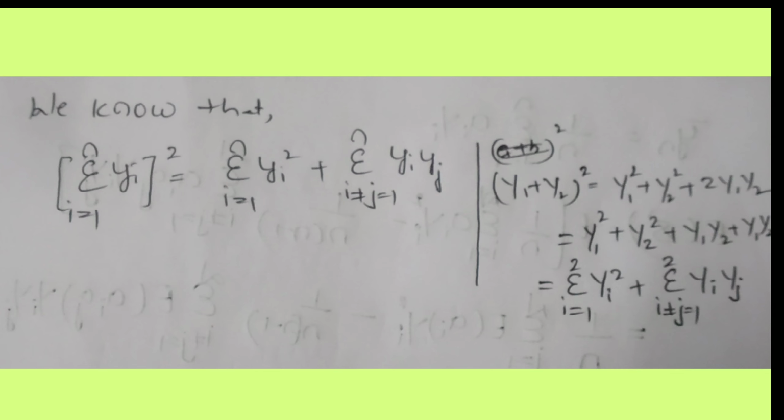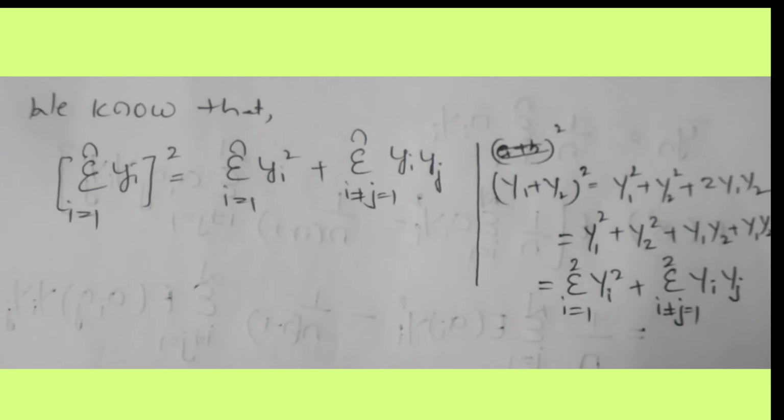From the above step, similarly for summation i ranges 1 to n yi whole square, that means (y1 plus y2) whole square is equal to y1 square plus y2 square plus 2 y1 y2. So this value we can convert into y1 square plus y2 square plus y1 y2 plus y2 y1.